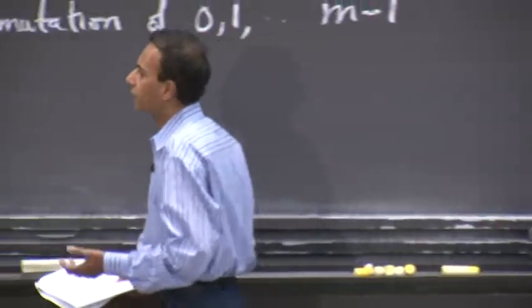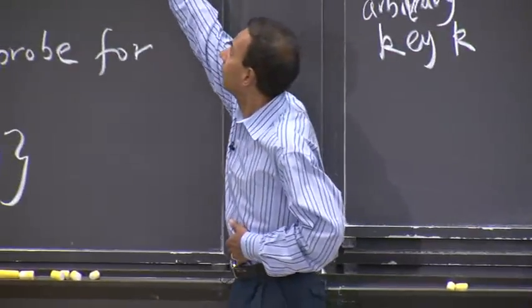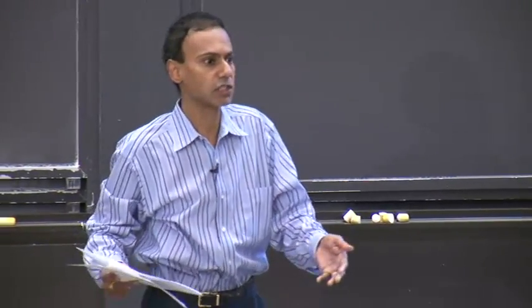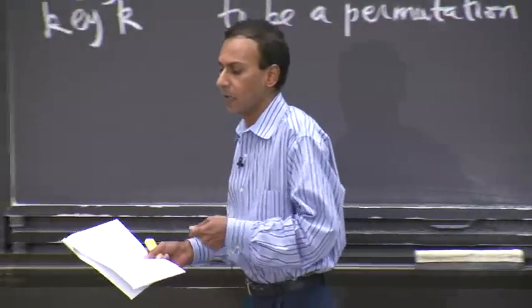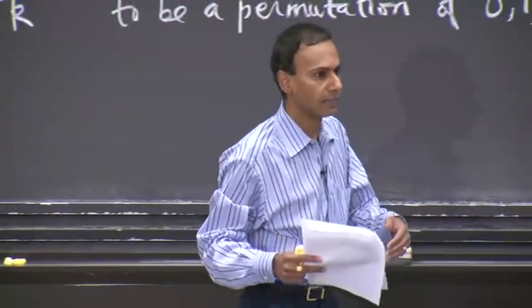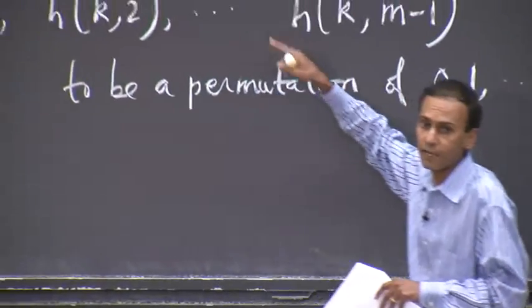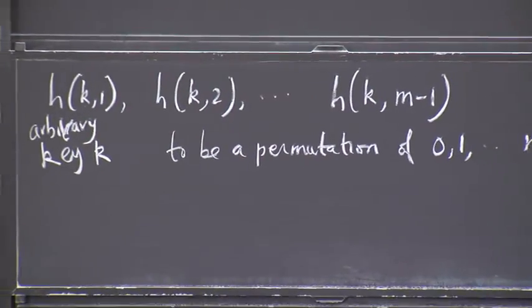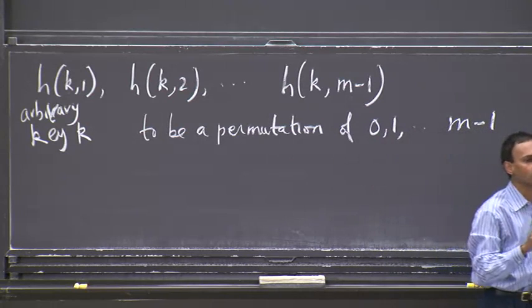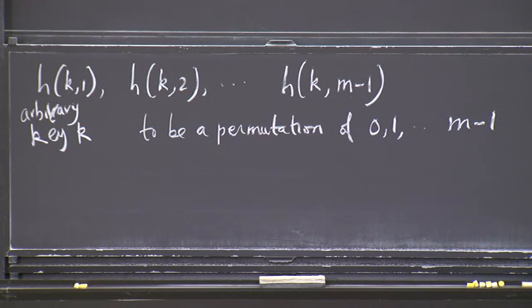And when you get to the point where the number of elements n is pretty close to m, and maybe there's just one slot left, and you want to fill up this last slot with this key k that you want to put in there, what you want to be able to say is that for this arbitrary key k, the one slot that's free, and it could be the first slot, it could be the 17th slot, whatever, that eventually the sequence of probes is going to allow you to insert into that slot.